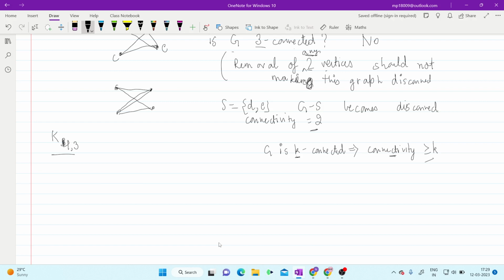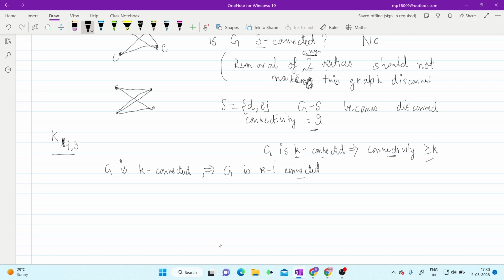Yes, because if G is k connected, then G is also k minus 1 connected. That is fine, right? Connectivity is the maximum k for which G is k connected.